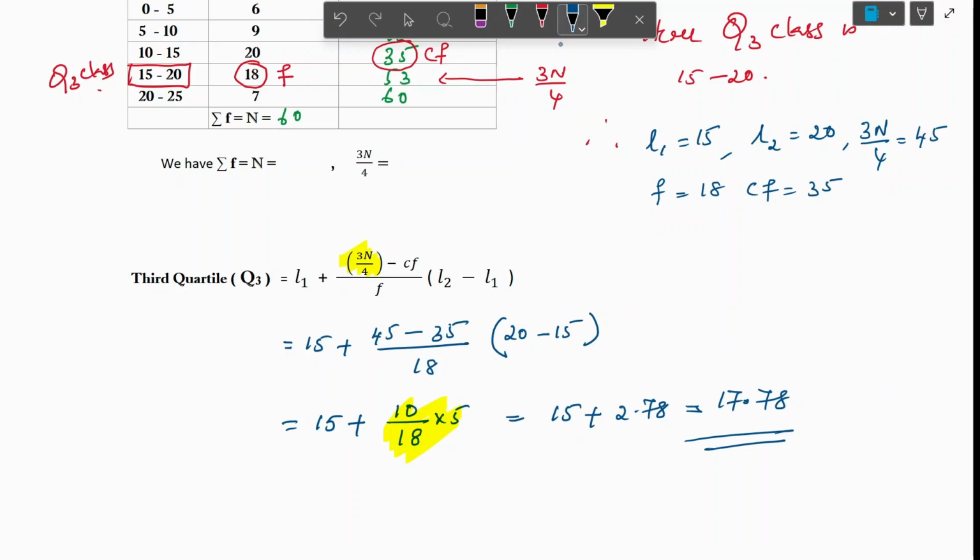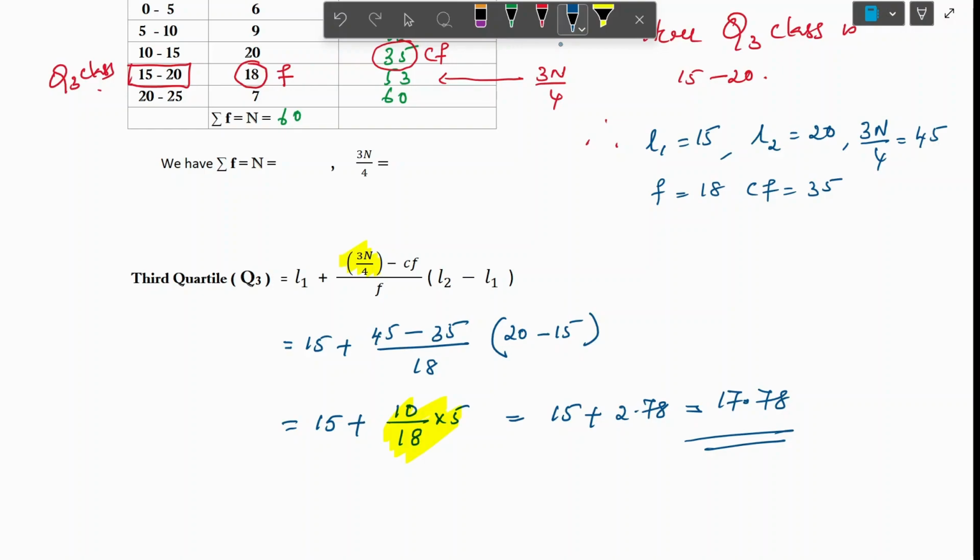If it is median, median class, Q1, Q1 class and Q3, Q3 class. And CF is the cumulative frequency which is above that particular class. Just locate all the values and then substitute in the formula, solve it, you are going to get your answer. Therefore, this is your quick revision for the topic.